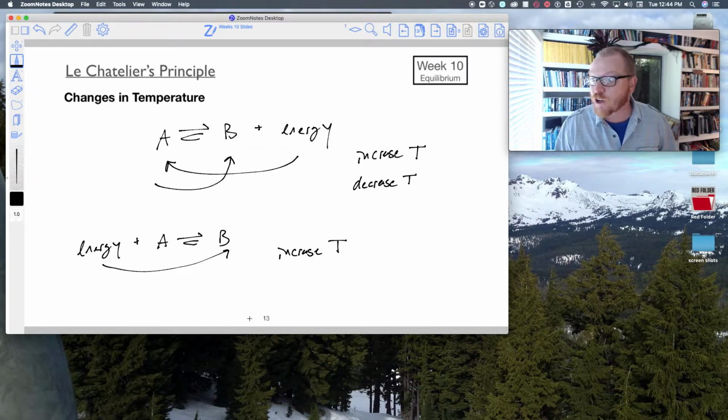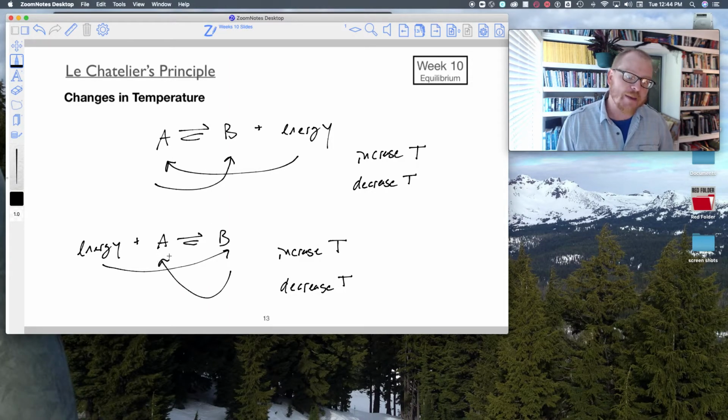Even though it might be endothermic, I can still make it proceed spontaneously if I drive up the temperature high enough, and that makes good sense. And of course, similarly, if I decrease T on an endothermic reaction, then I'm pushing my equilibrium to the reactants, okay?